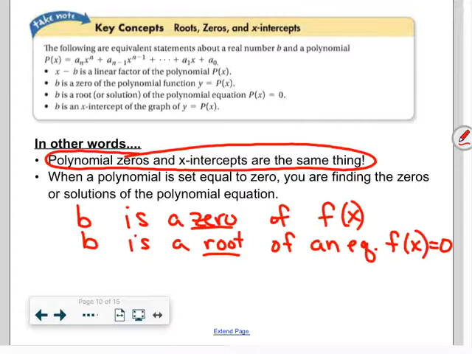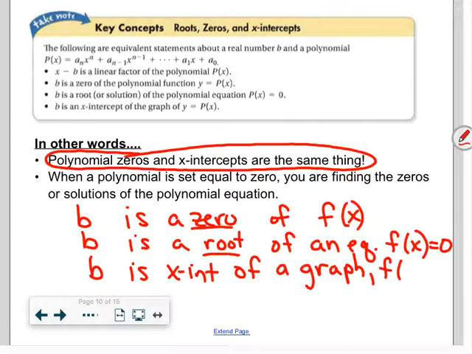So b is a 0 of a function. b is called a root if you have an equation. b is the x-intercept of a graph, f of x, if I graphed it.